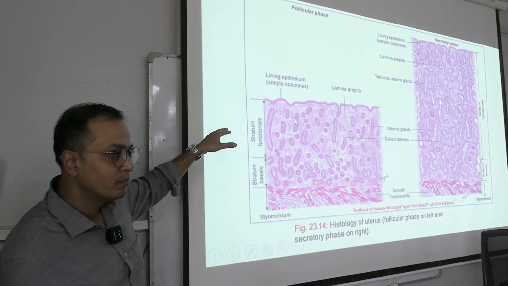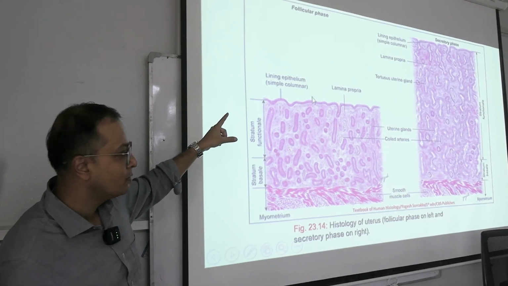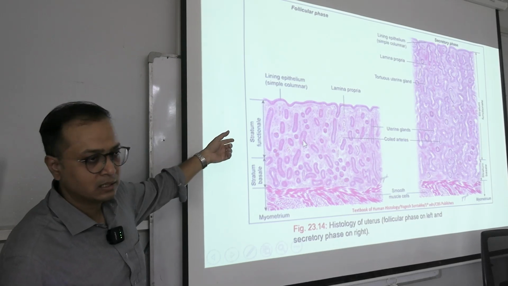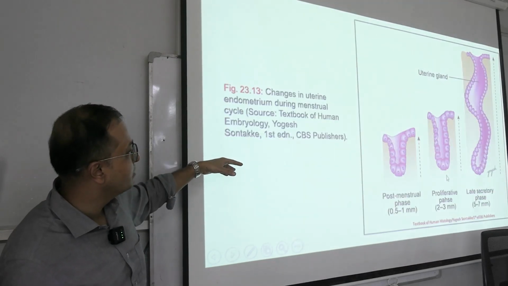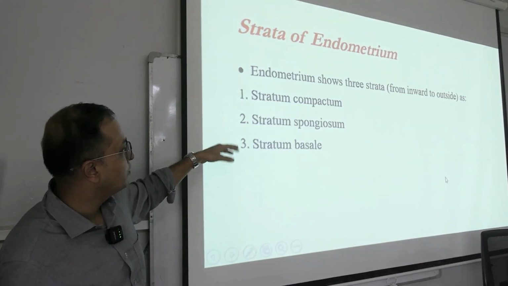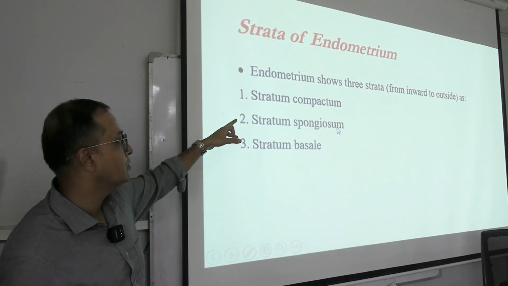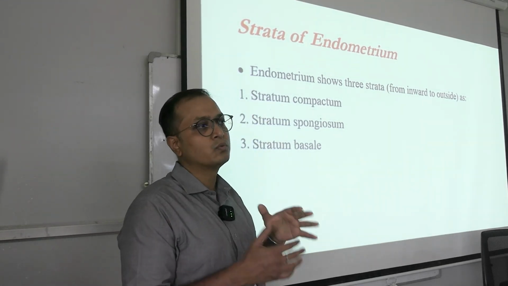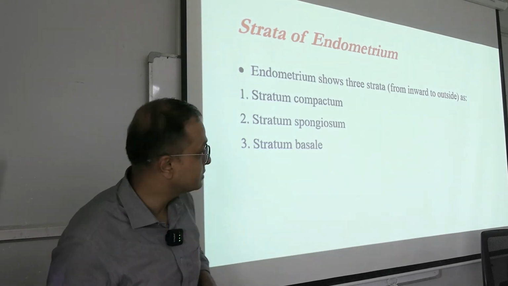The more we move up from the base toward the lumen side, the more proliferative or secretory changes it shows. So this layer we call the stratum basale, and on top of that we have the stratum spongiosum and compactum, which undergo the maximum changes because of hormonal influences.